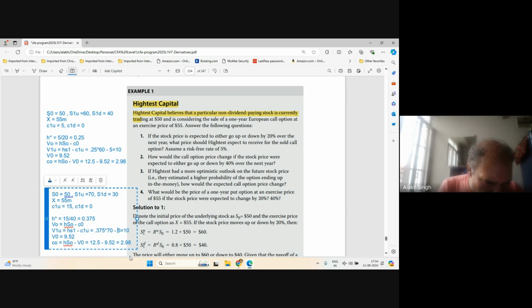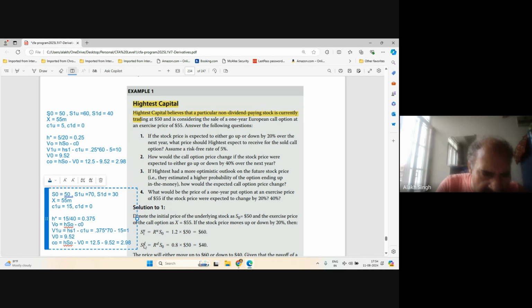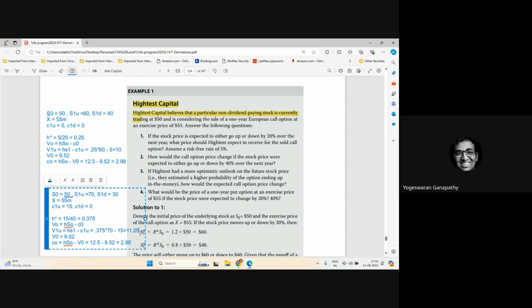So how much is that? 11.25. Now 11.25. Okay, and then how much is V0 then? V0 will be the same now.